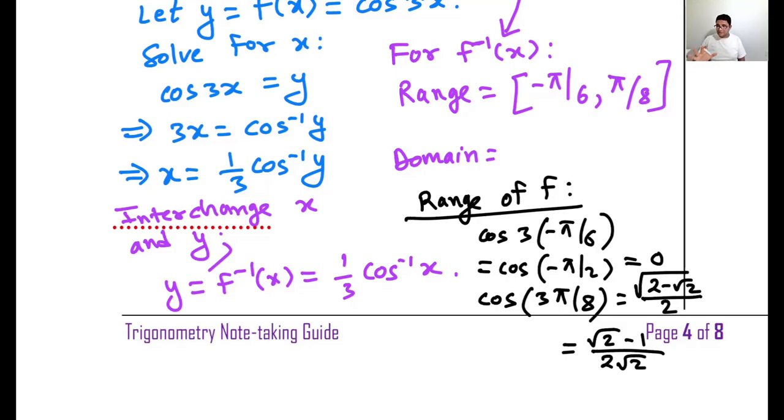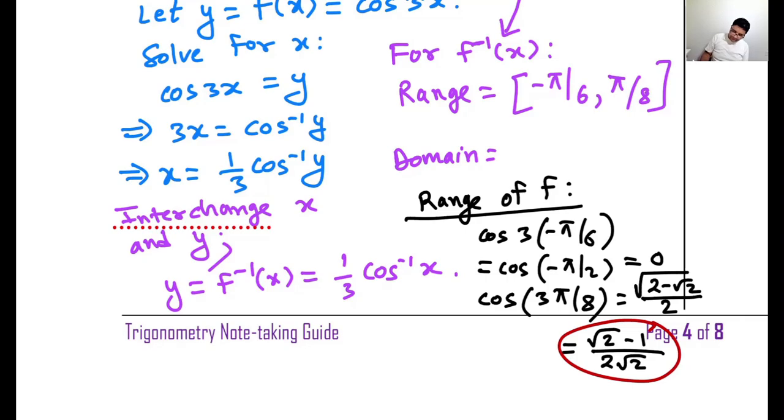Okay, something to that effect. Let me put it this way, not exactly. Either you can use a calculator or do it otherwise. You can get the value. Suppose that's the value of cos 3 pi over 8. So now the range is going to be from 0 to this.